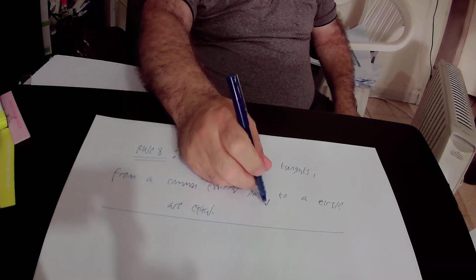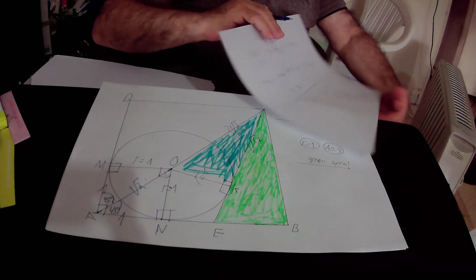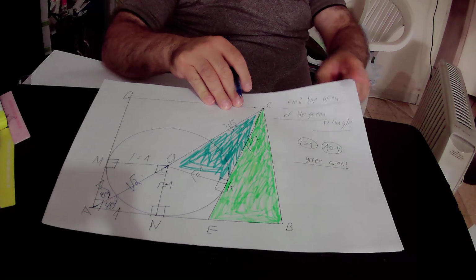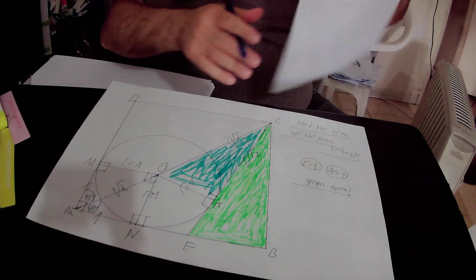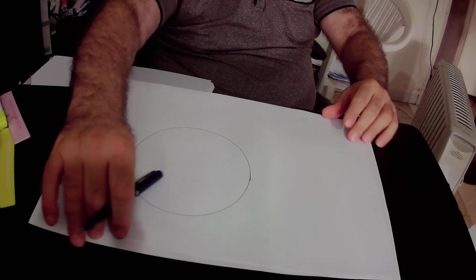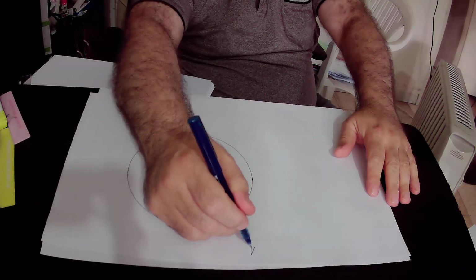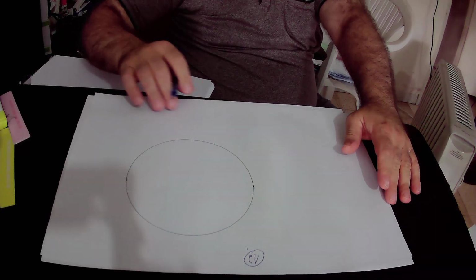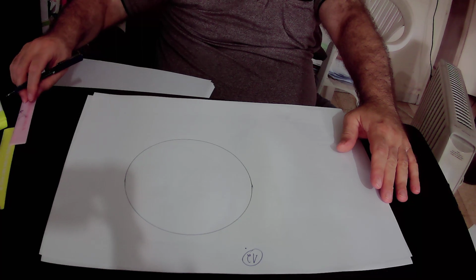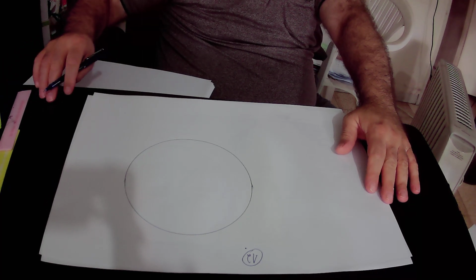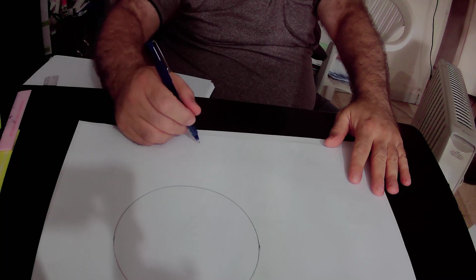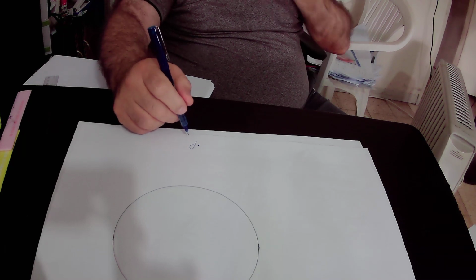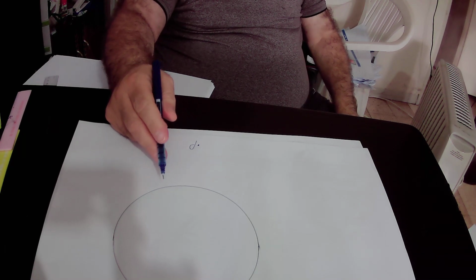So what is the meaning of rule number 8? The meaning of rule number 8 is that if we have this circle and this point, we define this point as point P. Point P is an external point in relation to this circle.